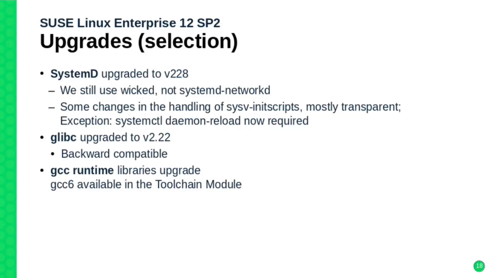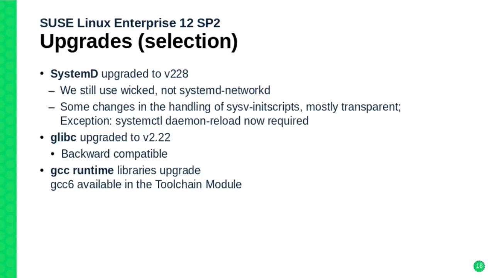So one thing we did upgrade was systemd. The version now available is 2.28. We are still using Wicked and not the systemd networkd. Since one person asked in the other session what I meant with still use, there's no plan to change this.